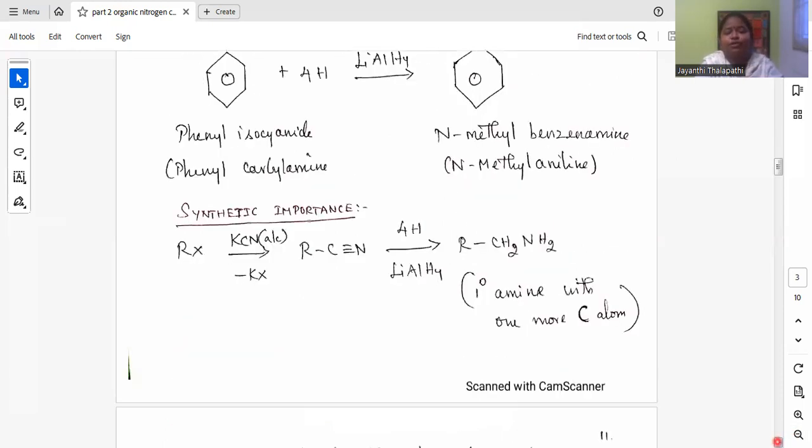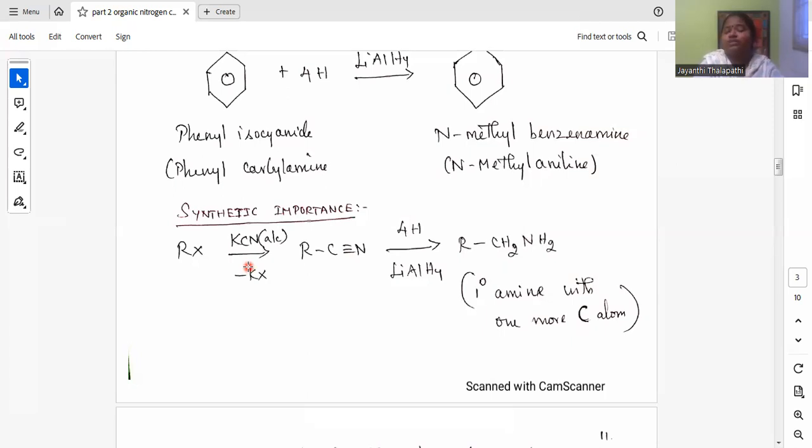And the synthetic importance over here is that by using alcoholic KCN with the alkyl halide, you get RCN, which is alkyl cyanide. But when alkyl cyanide is reduced, it leads to a primary amine with 1 more carbon atom. Over here, the number of carbon atoms increases. Let's say, for example, it is CH3Cl, methyl chloride. When methyl chloride reacts with KCN, what happens?